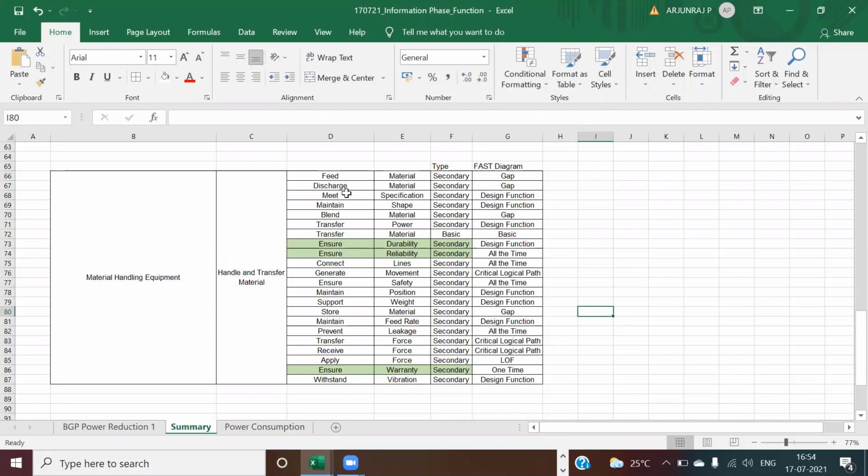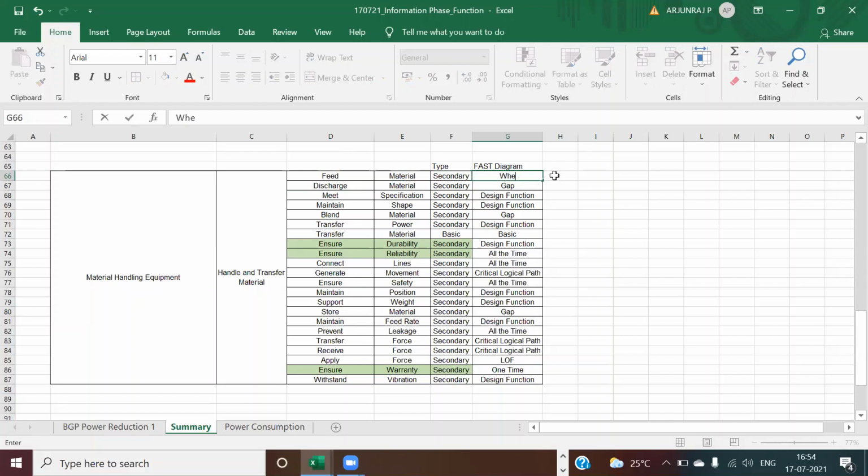When you are transferring material, you are also discharging the material, right? And you are also feeding the material, right? So these two will happen simultaneously, and this is nothing but the when function. It is not coming under the critical logical part.